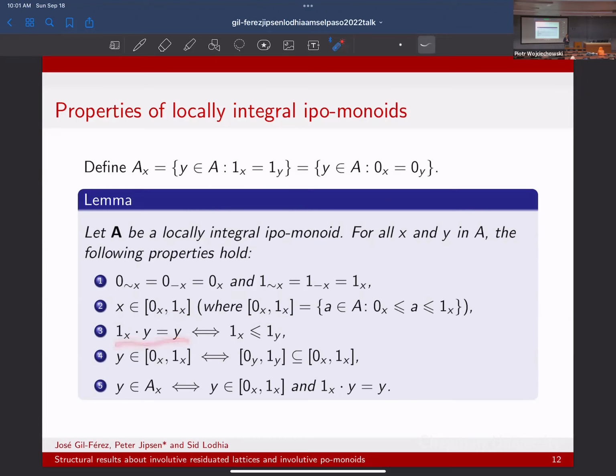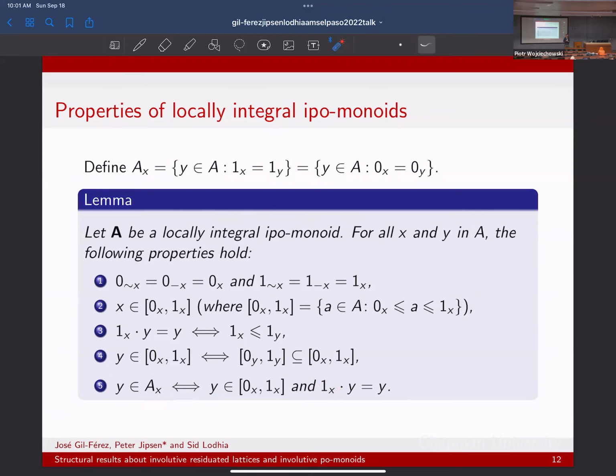And then there's a characterization here that we need, some other properties. The last one is the most important. It tells you that an element is in the equivalence class if it is inside this interval of the local zero and the local identity of x, and the local identity has to act as an identity on it.